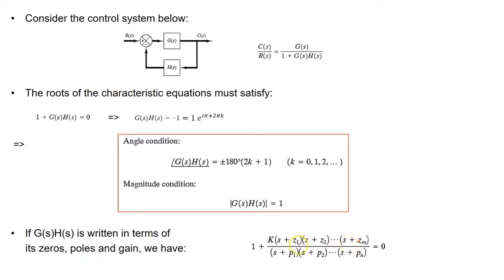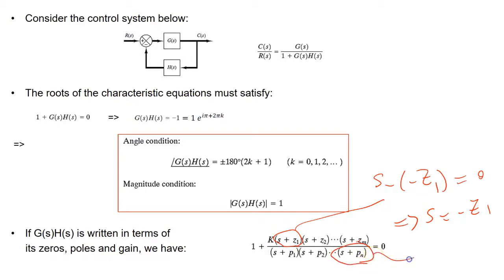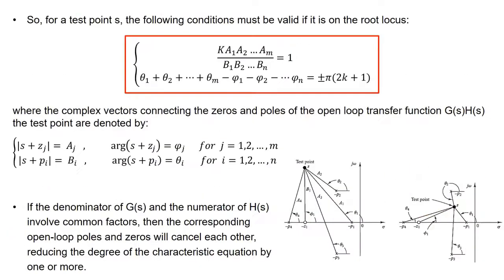So this s plus z1 can be written as s minus negative z1. When you set this equal to 0, where is the location of the zero? Yes, negative z1. And when you set a pole term equal to 0, s is negative pn, okay? So the z's and p's are the zeros and poles, but with a negative sign. So the locations of poles and zeros all have these negatives in them.